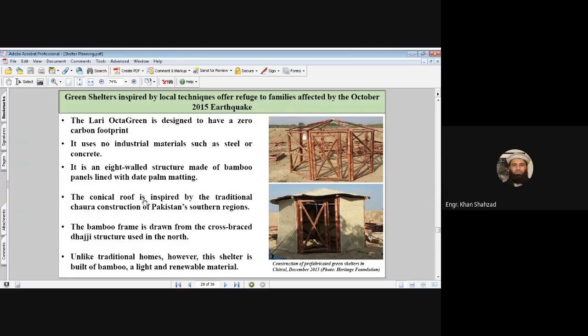The conical roof is inspired by the traditional Chaunra construction of Pakistan's southern region. So this construction has been taken from the southern areas of Pakistan. Chaunra construction is that type of construction, a low construction made of bamboo and other materials. The bamboo frame is drawn from the cross-braced Wegi structure used in the north.